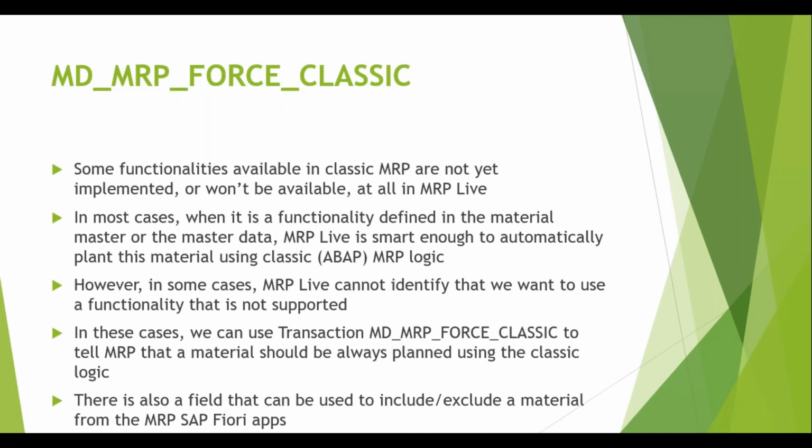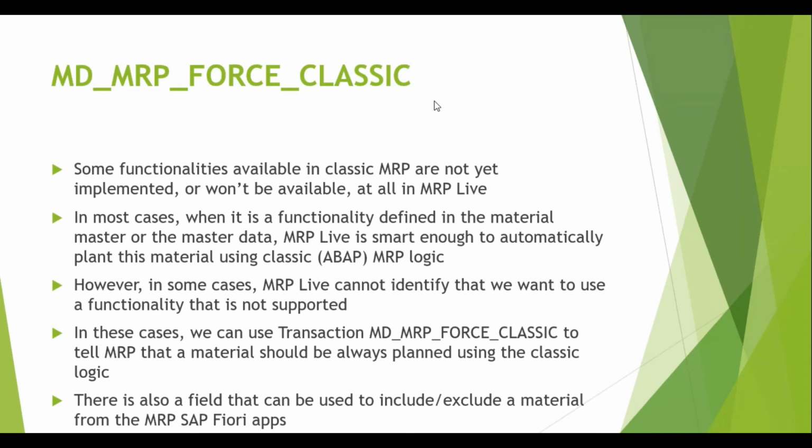The stock requirement list is dynamic. It keeps on changing. So if there is a requirement from the business that they want to have an MRP list, in that case, they have to stick to the classic logic. So even if the system supports that this material can be planned using MRP Live, the business can say that, okay, this particular material I want to plan using the old logic only. So this program or this T code, let me copy this T code.